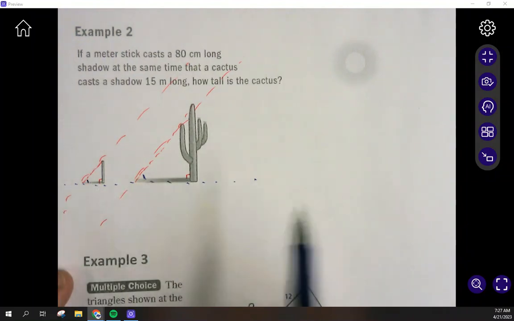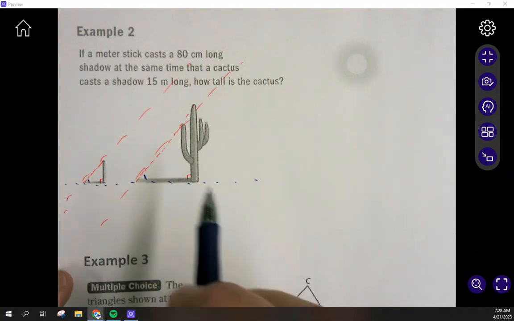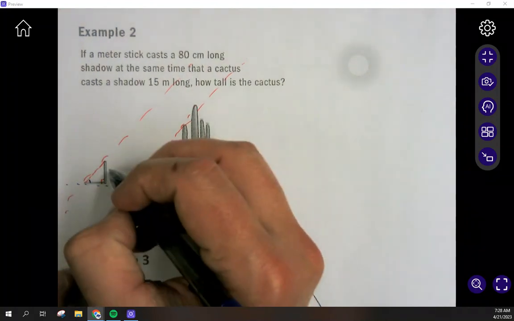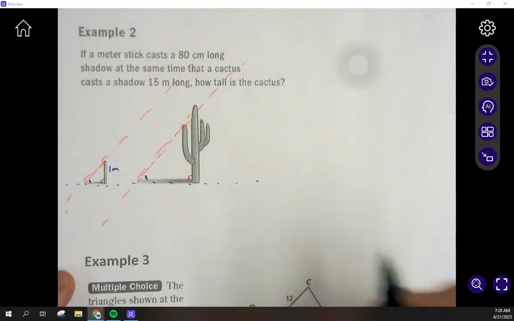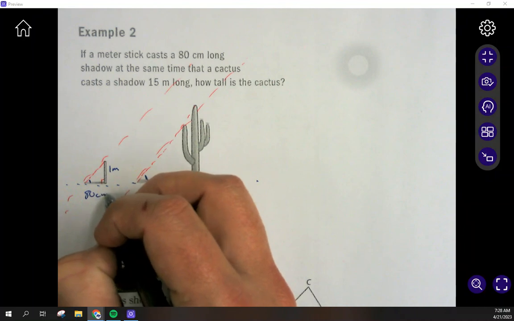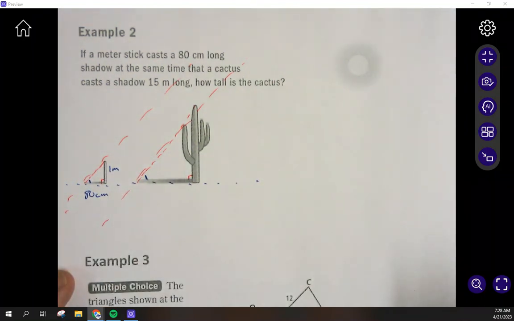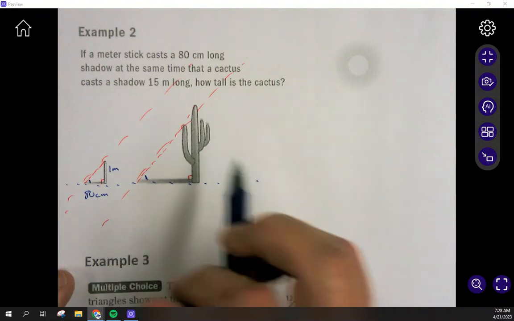And if they're similar, I can go ahead and match up corresponding sides. They are going to be in proportion. So let's see what that means. So first of all, it's a meter stick, which means it's 1 meter high, and it casts an 80 centimeter shadow. So first of all, notice we have different units going on here. We're going to have to do something about that.